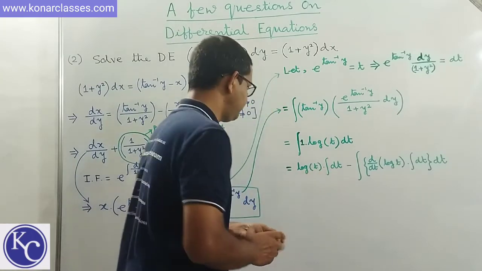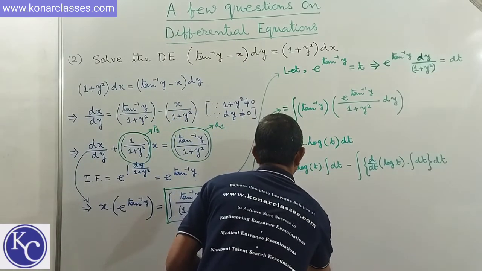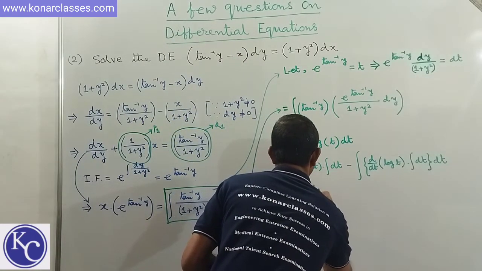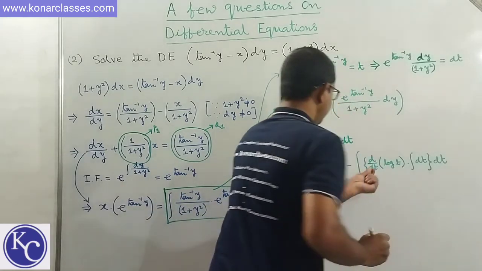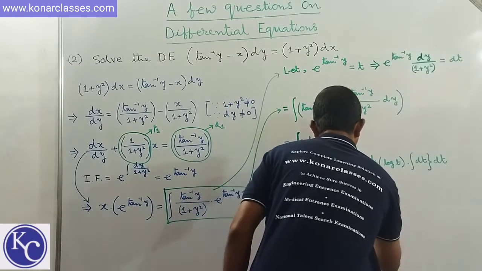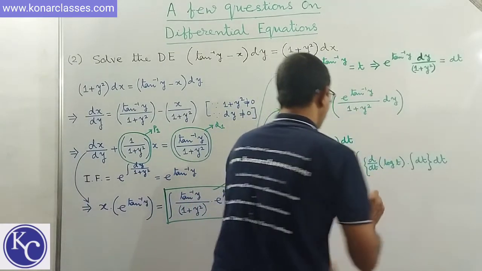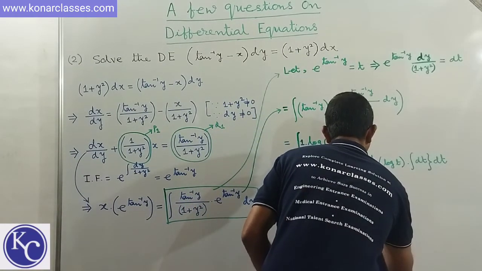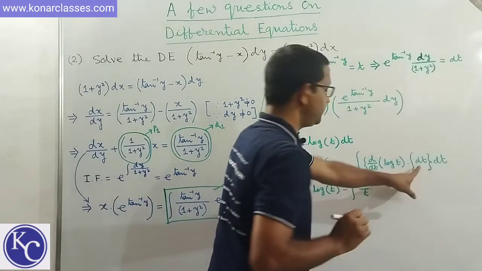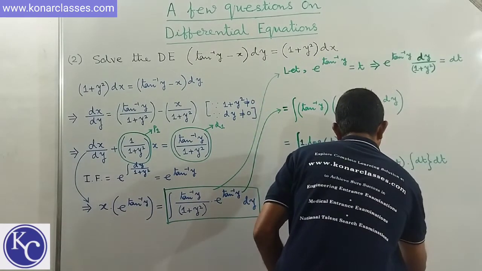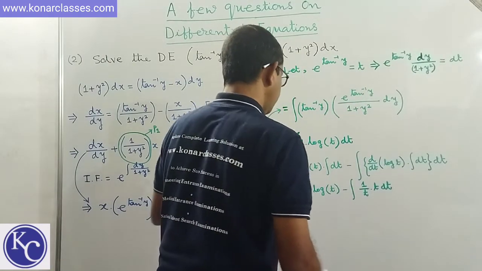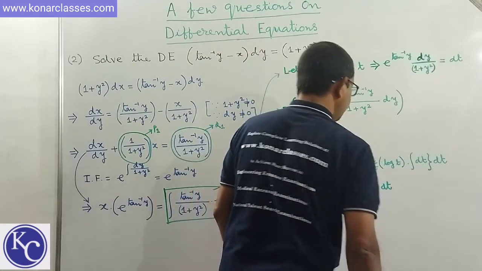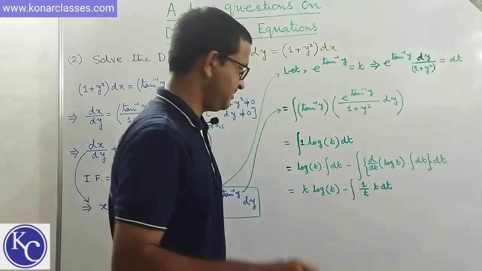So what we get, dear students, is t into log t, minus integration of d/dt of log t, which is 1 by t, into integration of dt, that is t. So we get 1 by t into t, which is actually 1 dt.